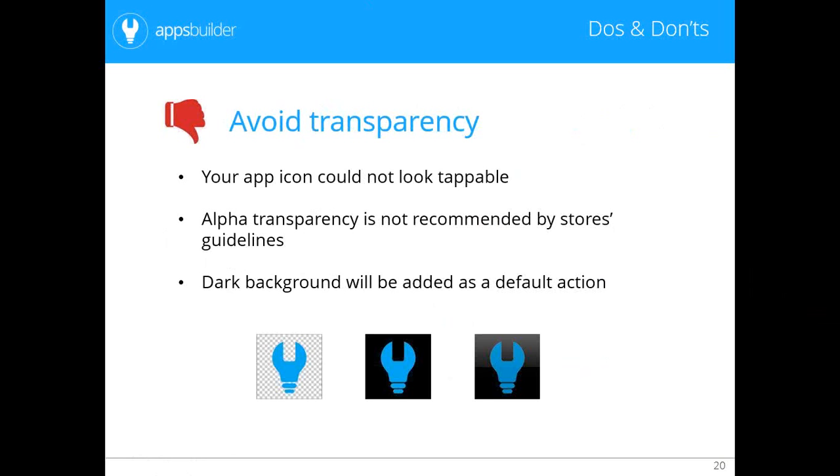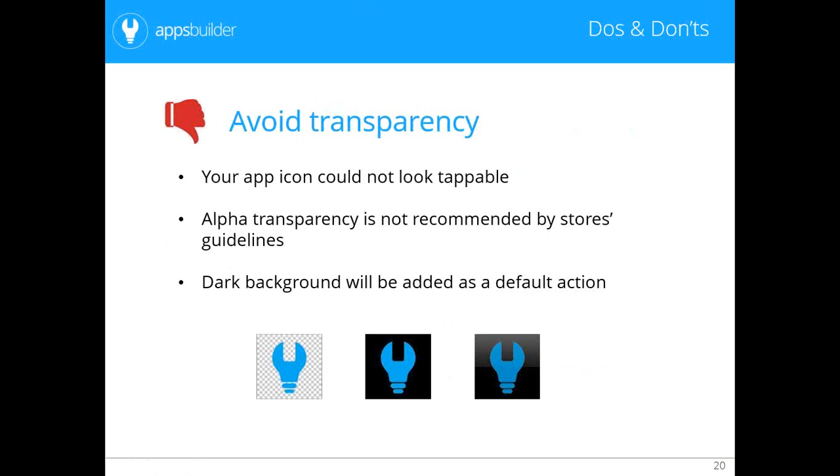So that's the reason why all the main store guidelines recommend that you should not use alpha transparency in your app icon. Anyway, if despite this recommendation you still decide to submit your app with an icon on a transparent background, be aware that a dark background will be automatically added as a default action.